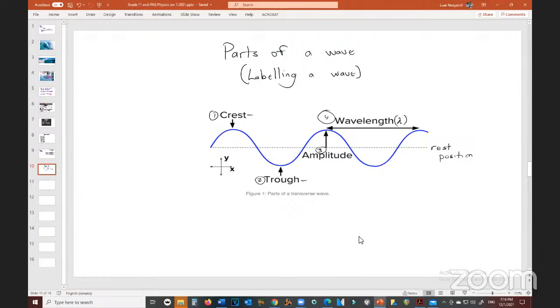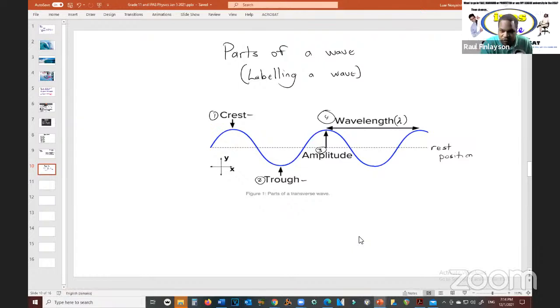Sir, the beginning of the wave. The beginning. All right. So let's identify the beginning of the wave. So the wave would start here. This is the rest position of the wave. So that is the beginning.